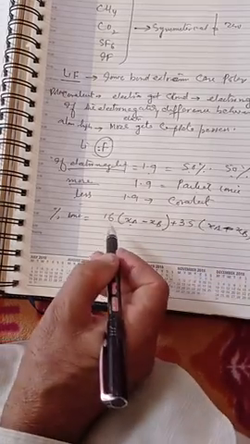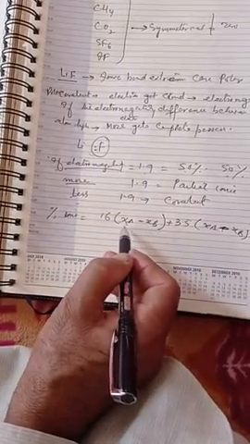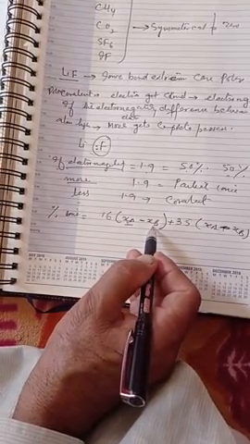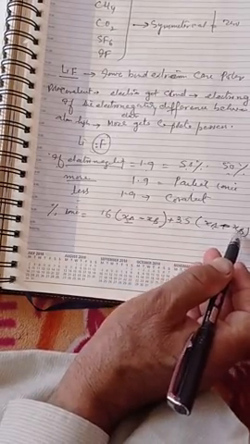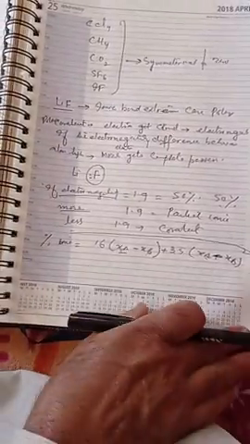I will repeat it. Chi A is the electronegativity of atom A, chi B is the electronegativity of atom B. We can determine the percentage of ionic character by this equation.